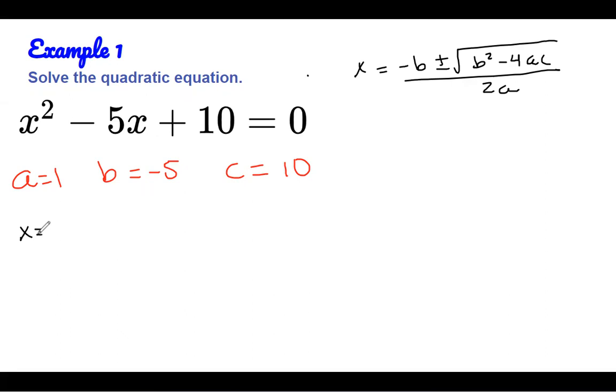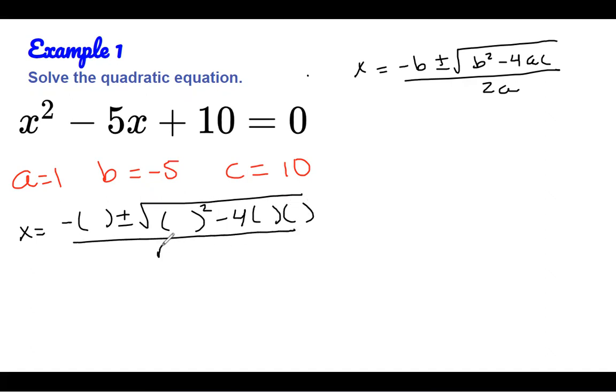So I have x equals -b. I have negative, inside parentheses, plus or minus the square root of b squared, minus 4 times a times c, all over 2a. So my a is 1, b is -5, c is 10. So we have -(-5), plus or minus the square root of (-5) squared, minus 4 times 1 times 10, all over 2 times 1.